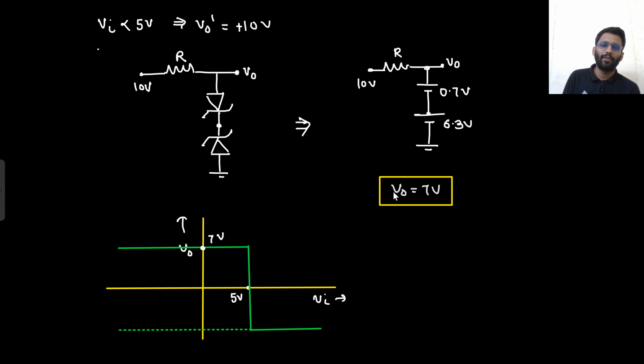V in less than 5 volt, you get plus 7. V in greater than 5 volt, you get minus 7 volt. So that's it. This is the characteristics. Well and good. Okay, so this is the characteristics.